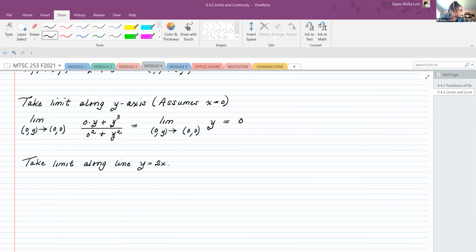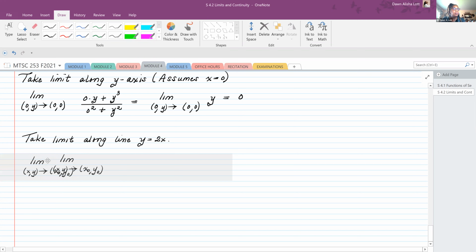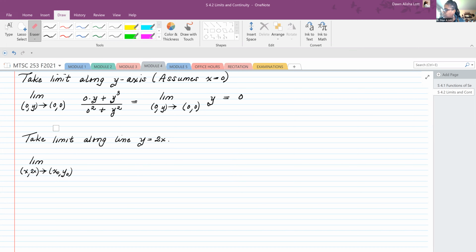So now I have the limit, so y is equal to 2x. So in the place of y, I'm going to have 2x, and this is approaching 0, 0.